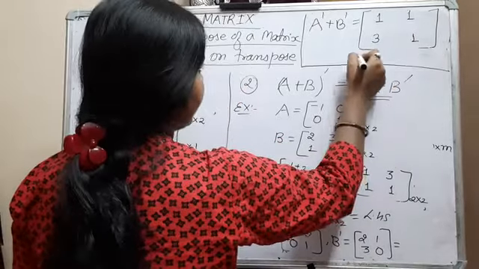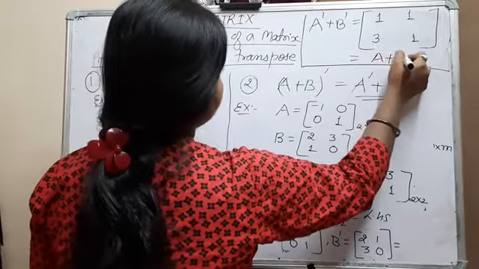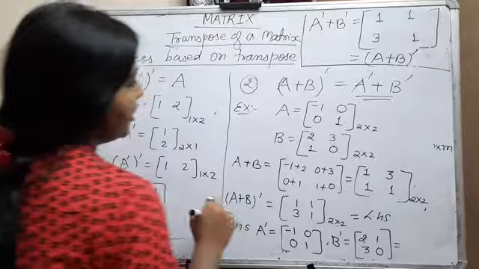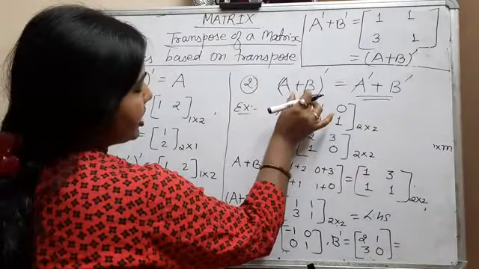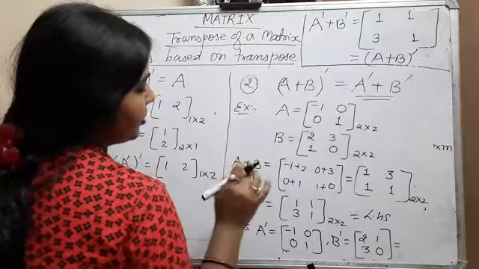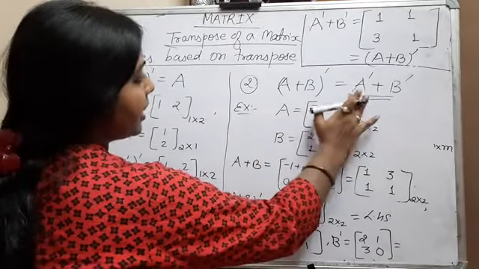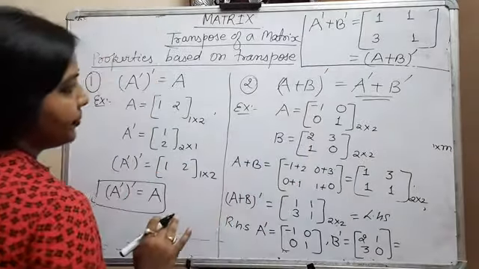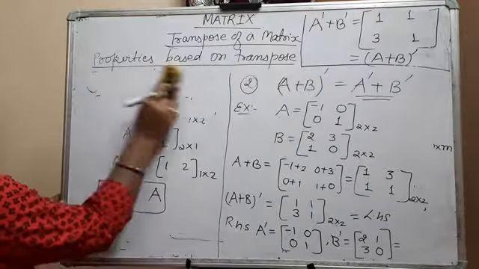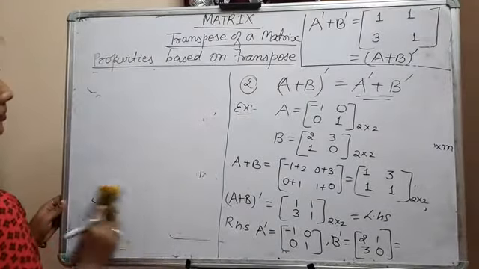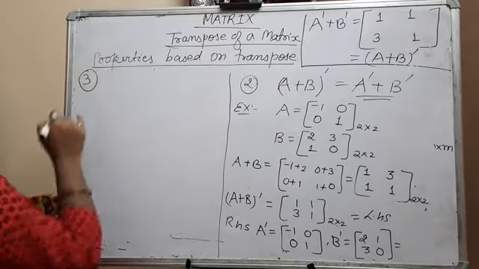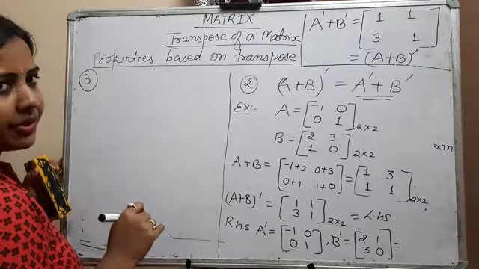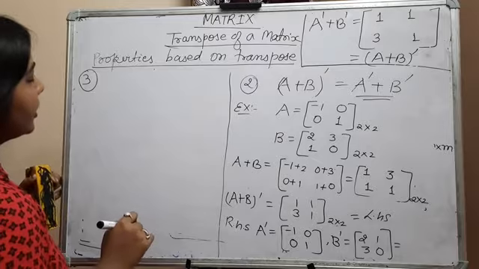You can see this value equals A plus B whole dash. So it is proved here. Always, when we take the addition A plus B and then take the transpose, this should be equal to A dash plus B dash.